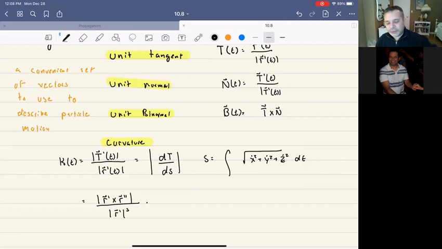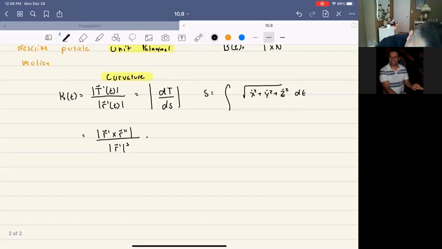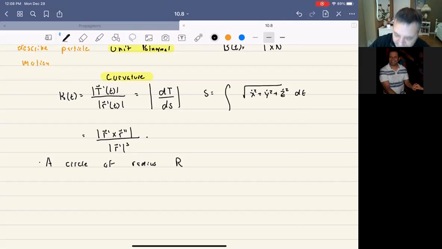One of the things to remember is what is the curvature of, let's say, a circle? A circle of radius r has curvature 1 over r. So let's go ahead and do that.